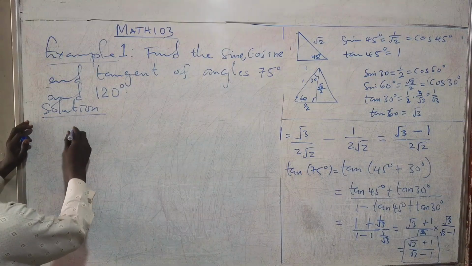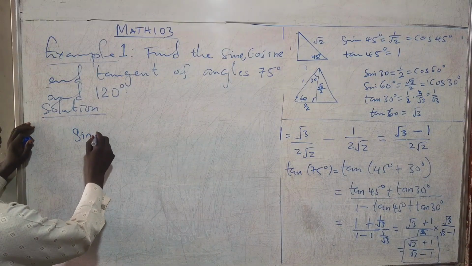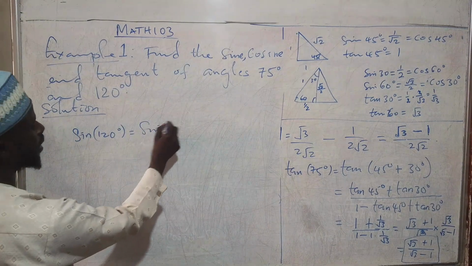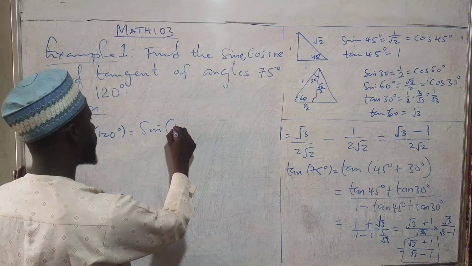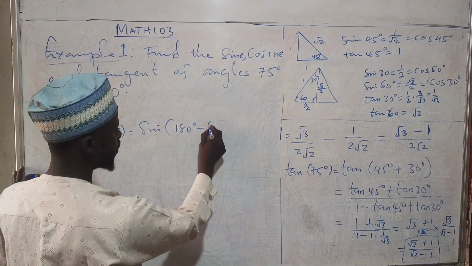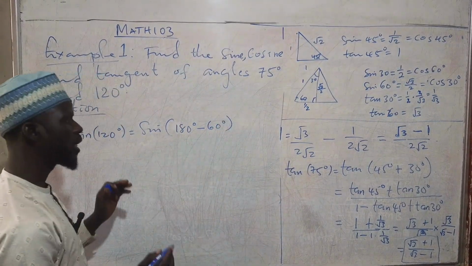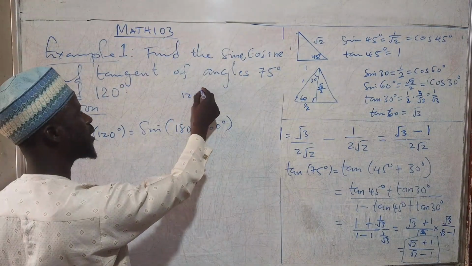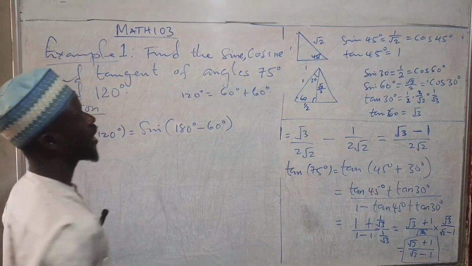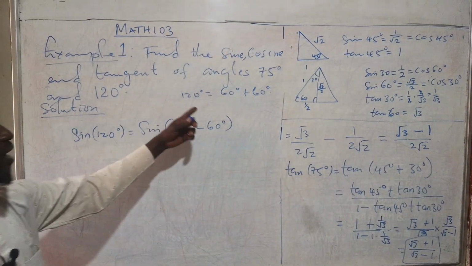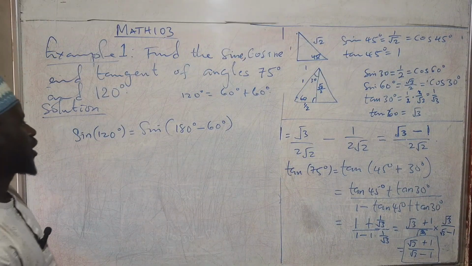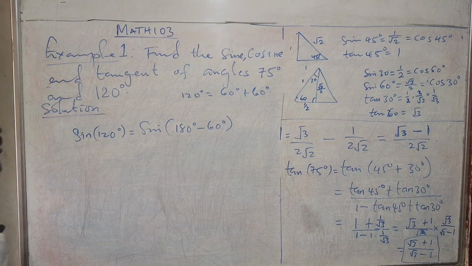So if you are finding sine 120 degrees, this is the same thing as sine 180 degrees minus 60 degrees. You can as well say 120 degrees is equals to 60 plus 60 degrees and then solve. But we are reserving this in the next section of our lecture. So you can easily solve this.